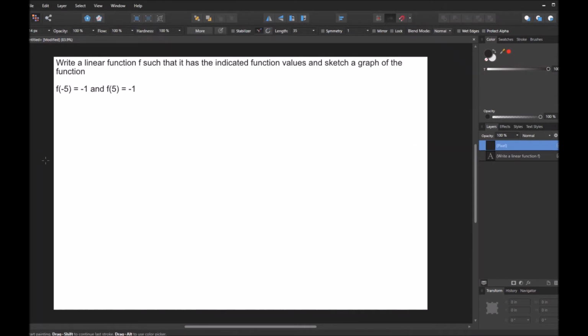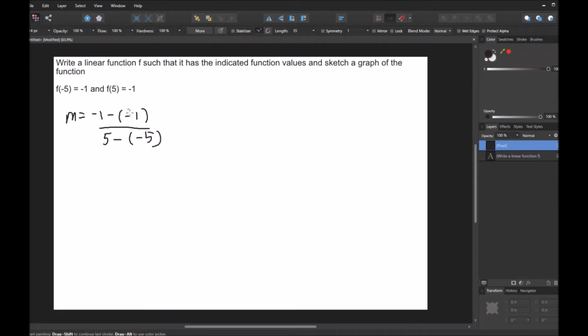So in this next question we are asked to do the exact same thing, except this time the numbers we're given are f of negative 5 equals negative 1, and f of 5 equals negative 1. So once again I'm going to start off by just finding the slope. So m equals y2 minus y1, so negative 1 minus negative 1, over 5 minus negative 5.